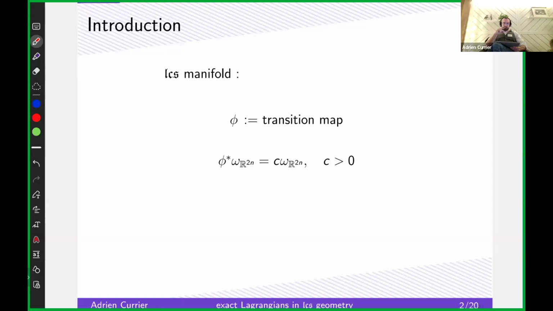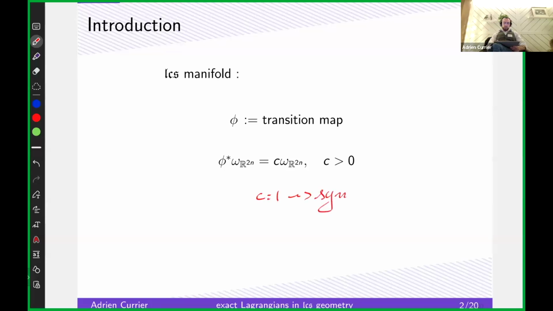So anyway, you want to do Hamiltonian dynamics on a manifold. And maybe the first thing you're going to do is ask for the transition maps to preserve exactly the canonical symplectic form on R^2n, so C is equal to 1.